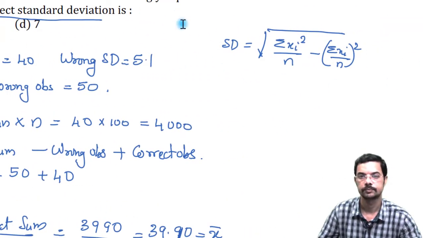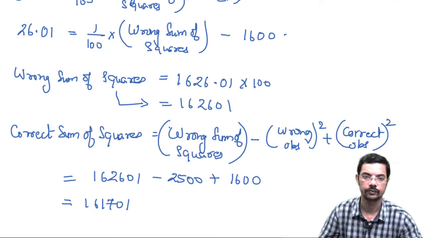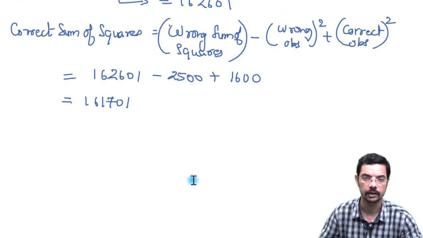Now we can correct the variance. We have the standard deviation squared, so we have the corrected variance.